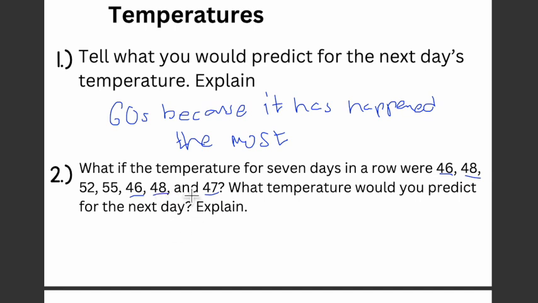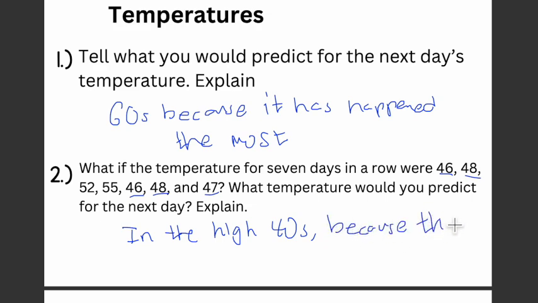So because most of them are in the high 40s, we would predict that the next temperature would be in the high 40s, because that is what most of the past temperatures were.